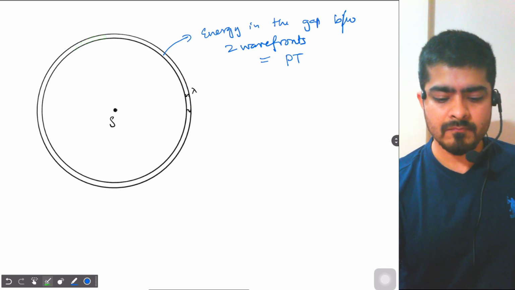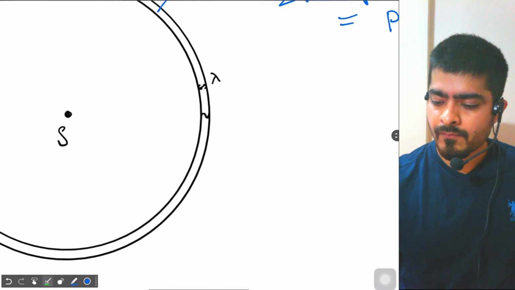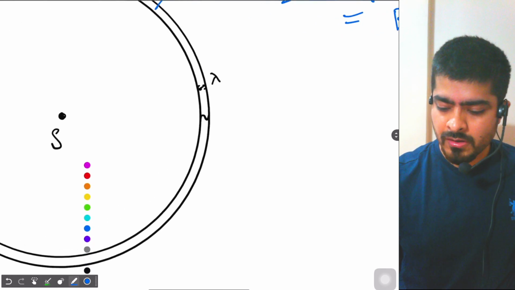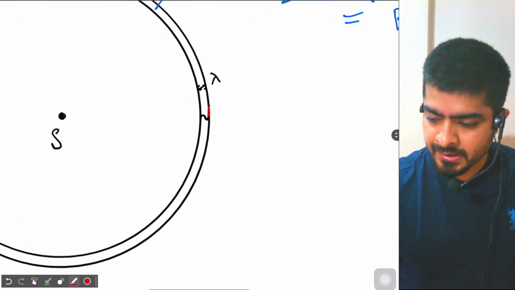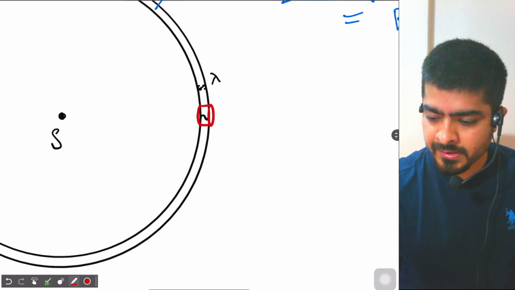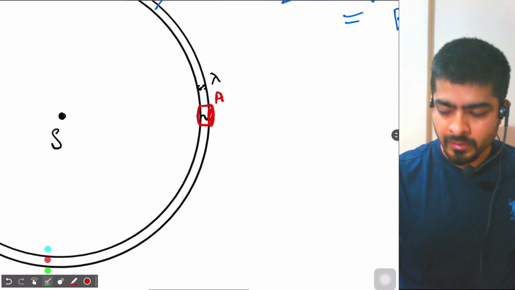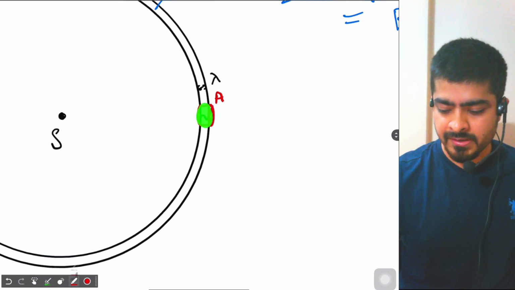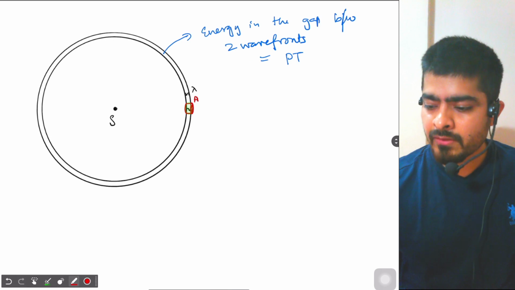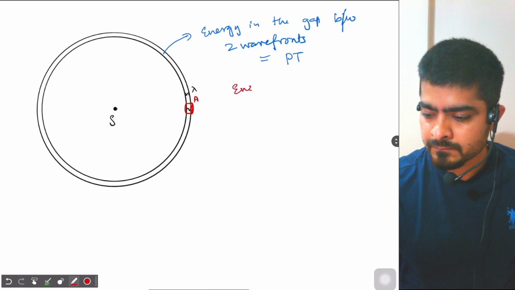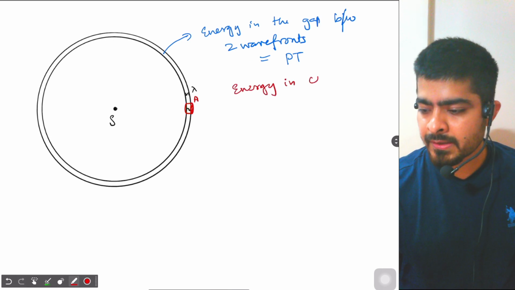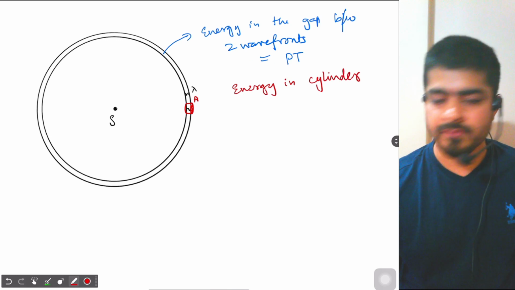Okay, now I take a small cylinder over here. Okay, I'm taking a small cylinder whose area is A. So what is the energy inside this small cylinder? Energy in this tiny cylinder will be how much?